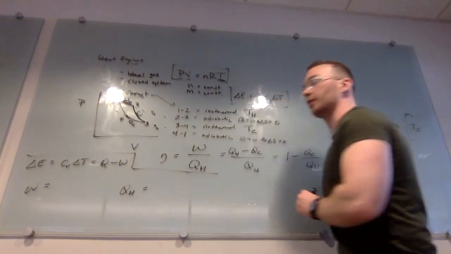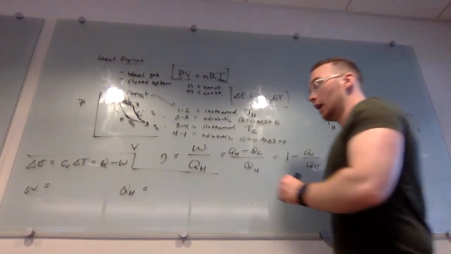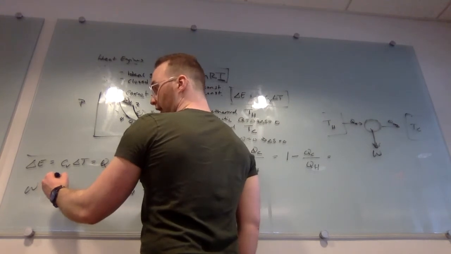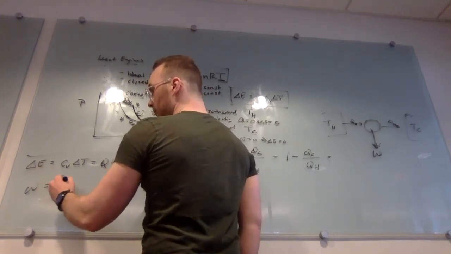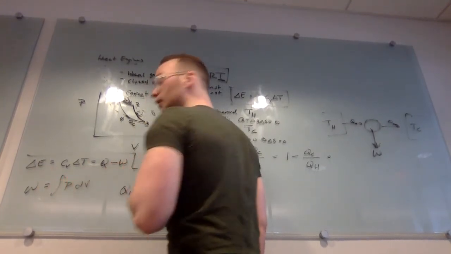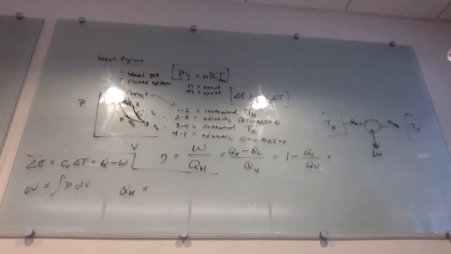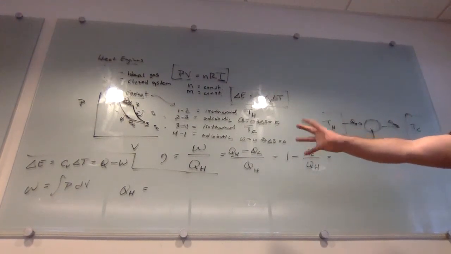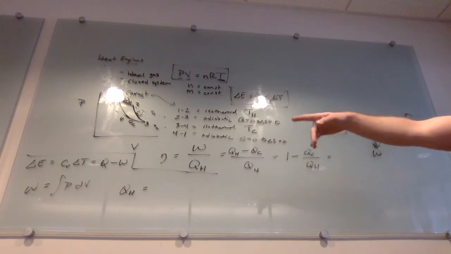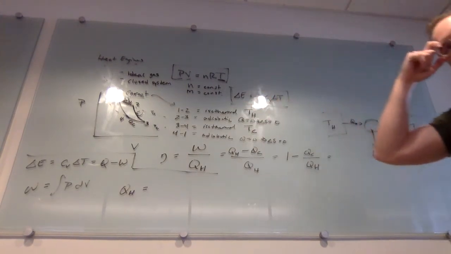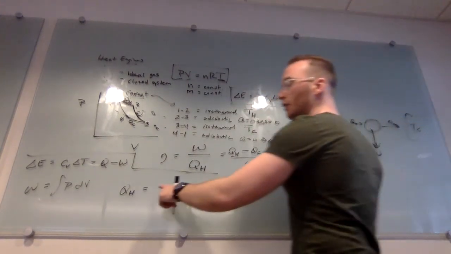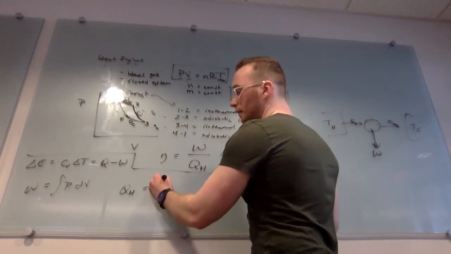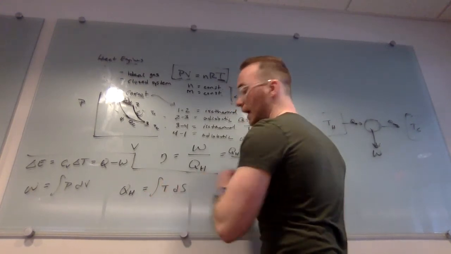I'm just writing them because they're the thermodynamics equations. Work is roughly the integral of P dV. Now, normally, we might not have to do an integral all the time. It might just be sort of a difference type thing. But anyway, that's the definition. And heat is technically the integral of T dS.